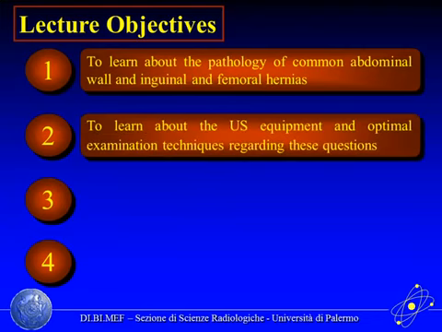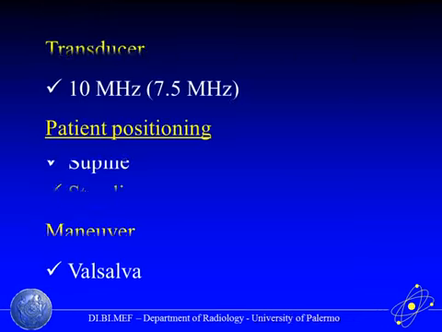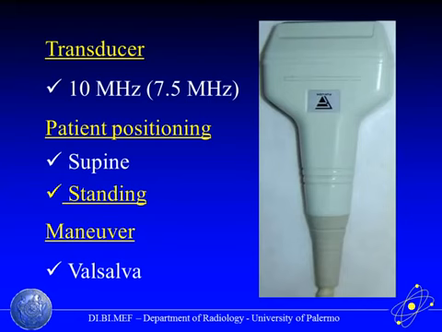So now let us speak about the ultrasound equipment and optimal examination technique. We are talking about really superficial structures, so we need a 10 megahertz probe, or in larger patients we can also use a 7.5 megahertz transducer.